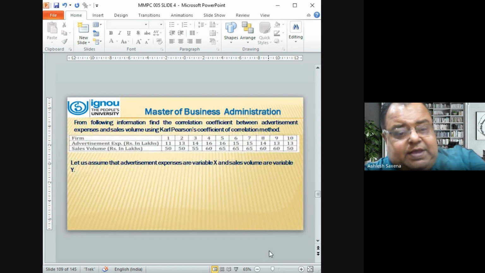Now we will see whether what we have discussed right now works. From the following information, find the correlation coefficient between advertisement expenses and the sales volume using the Karl Pearson coefficient of correlation method. If you remember, at the beginning of this session, I said that there is a correlation between sales and expenses.